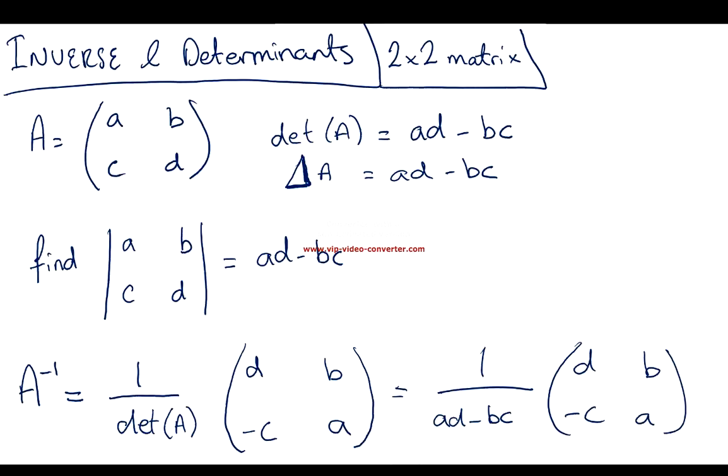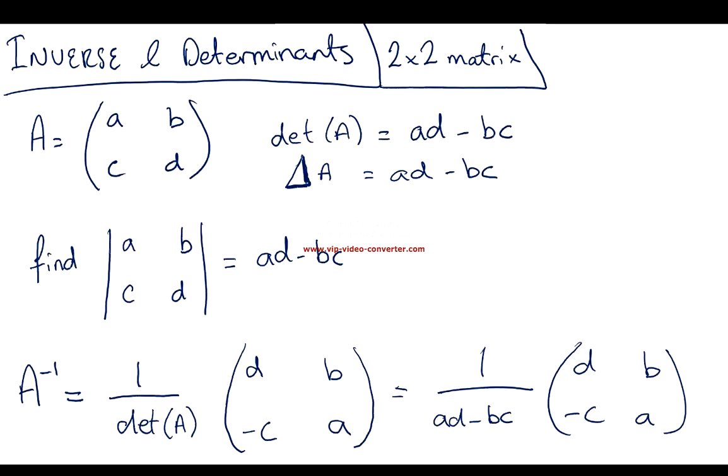We'll look at an example in a minute. But to get an inverse, we need to find the determinant first. So the determinant of A is AD minus BC, the product of the main diagonal subtracting the product of the other diagonal. It can also be represented in this way, or with straight line brackets.